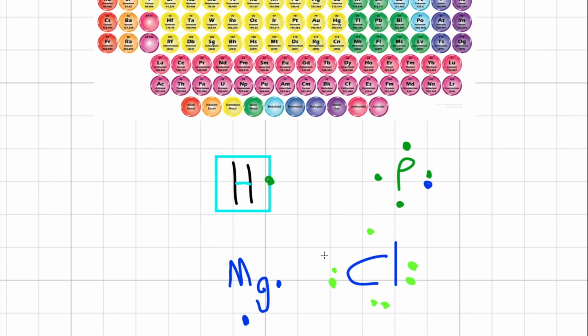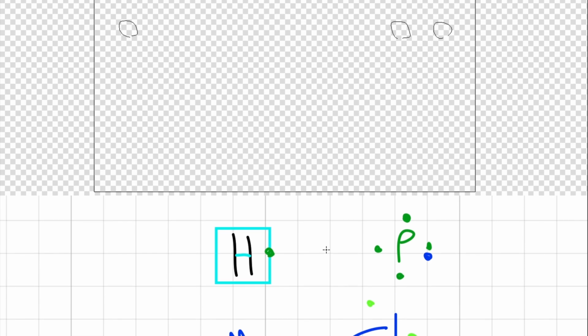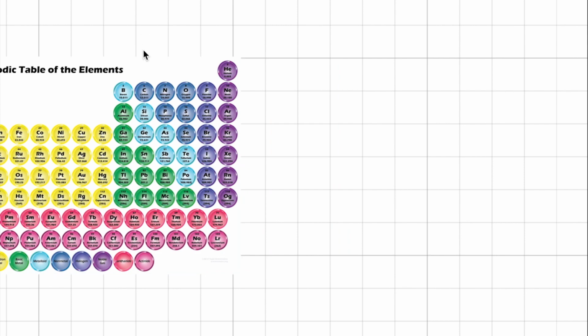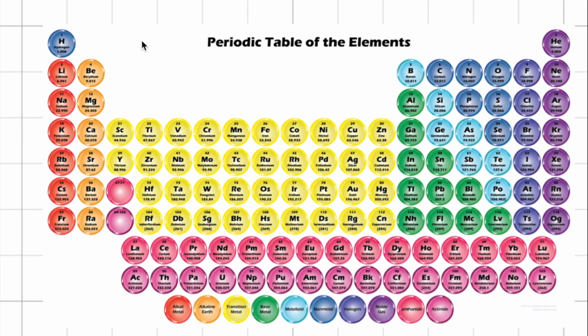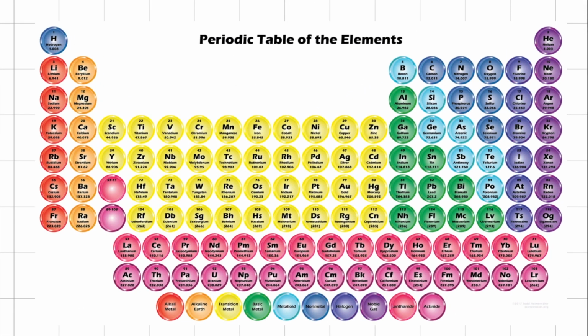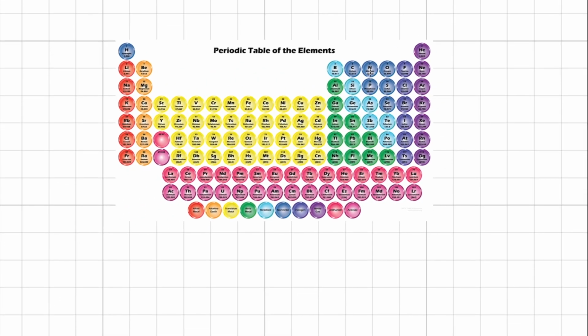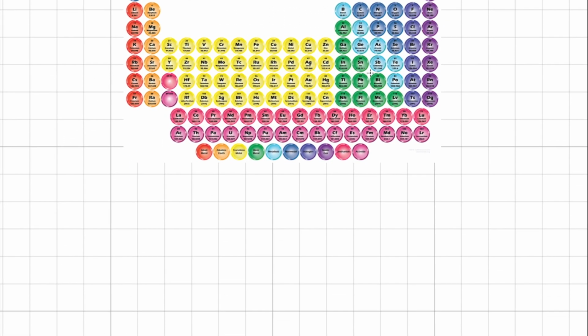Now, what about bonds? This is the hard part. Okay, so let me just grab this, copy it, so I can bring it down here. Okay, so what do we do? Well, the first step in drawing any Lewis dot structure is count all the valence electrons.